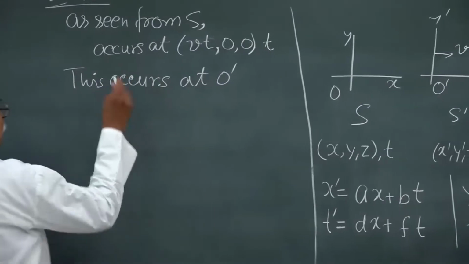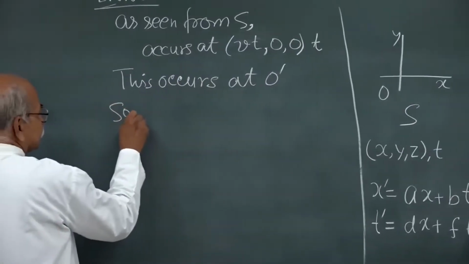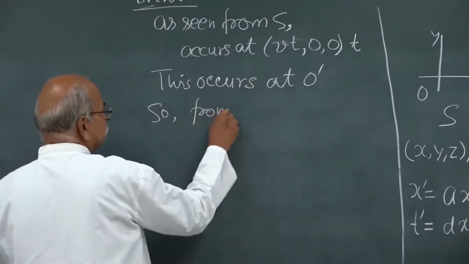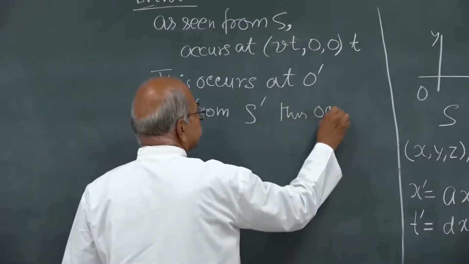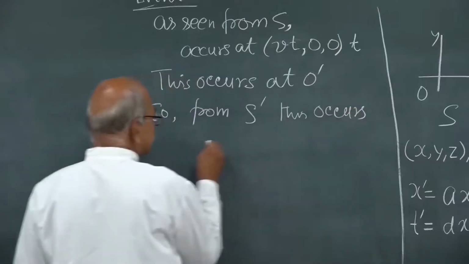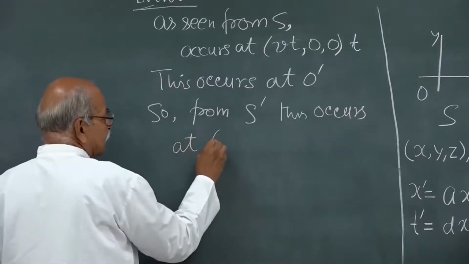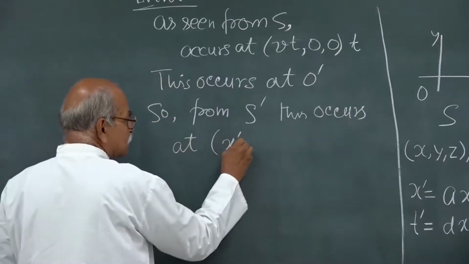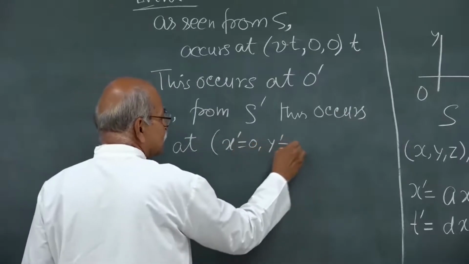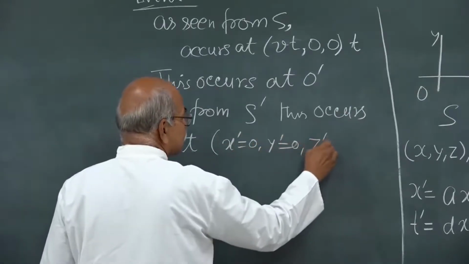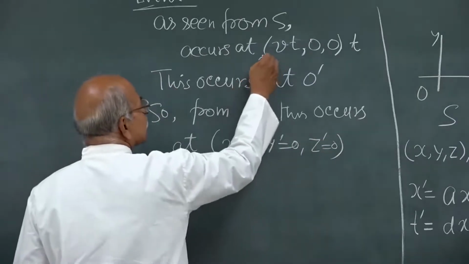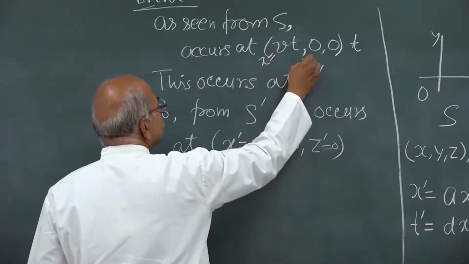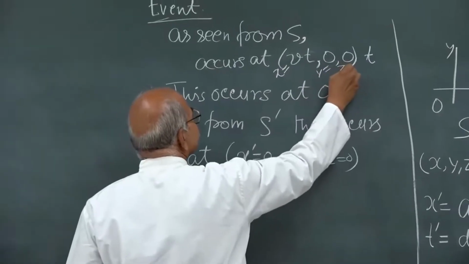So, from S prime this occurs at x prime equal to 0, y prime equal to 0, z prime equal to 0. And in S, x is equal to Vt, y was 0 and z was 0.